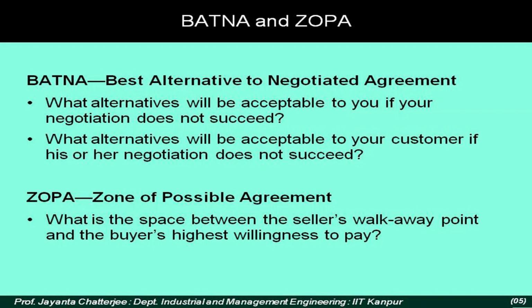But BATNA tells us that we should also look at what alternatives will be acceptable to you if your negotiation does not succeed. That means if you are not able to get anything above the current ruling price level, even if you are offering something superior, like we discussed in the RF steel versus high carbon steel case yesterday, then what is your alternative?